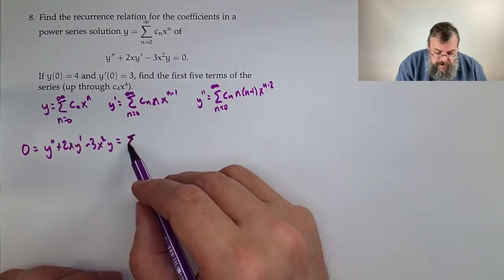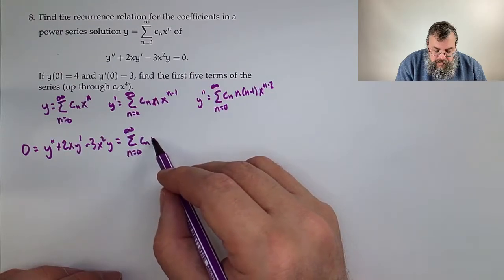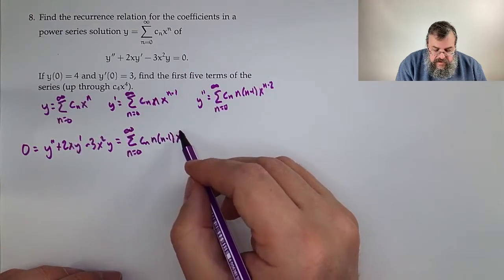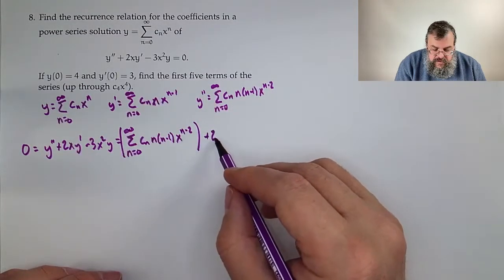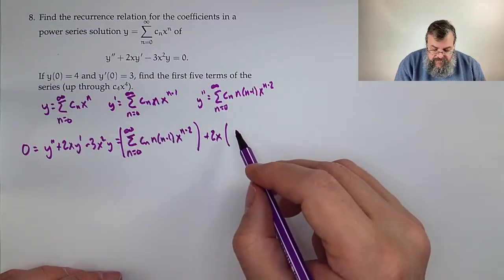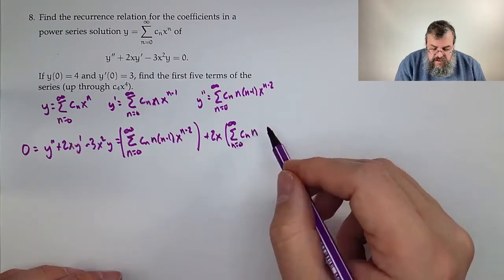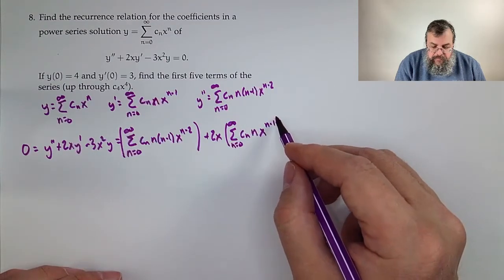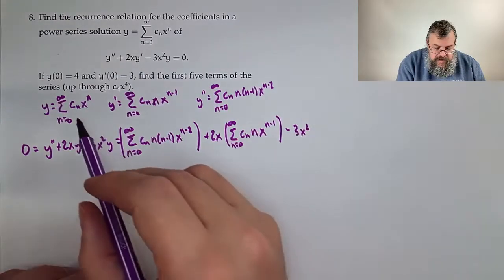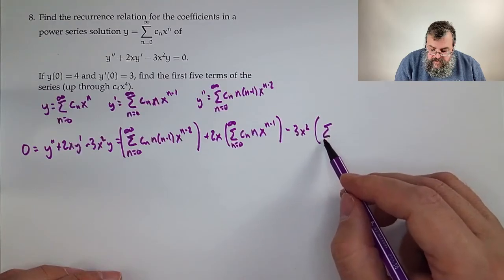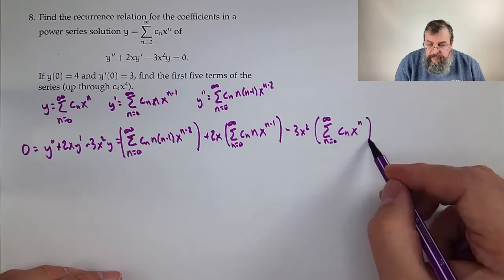So we have the sum 0 to infinity of cn times n minus 1 x to the n minus 2, plus 2x y prime, sum n equals 0 to infinity cn times n x to the n minus 1. And then minus 3x squared times y, sum 0 to infinity cn x to the n.